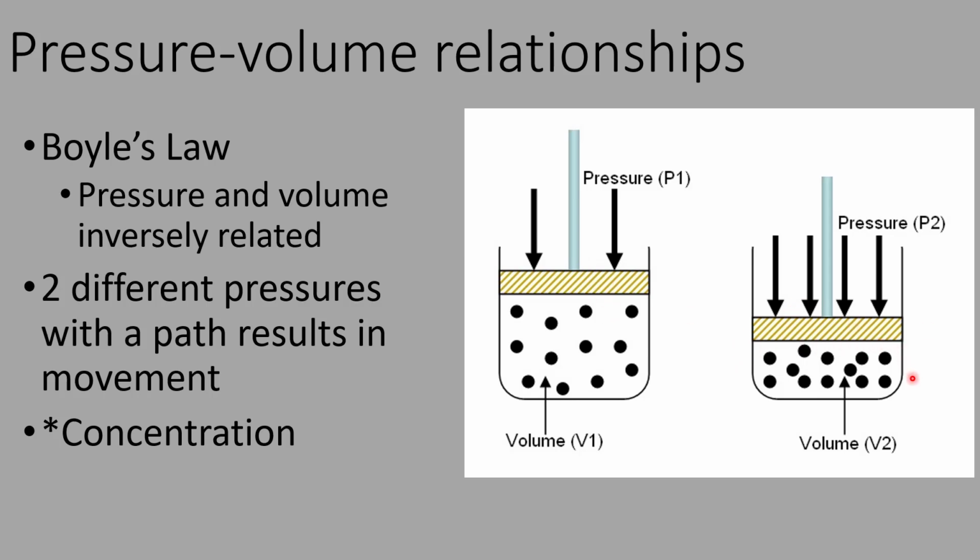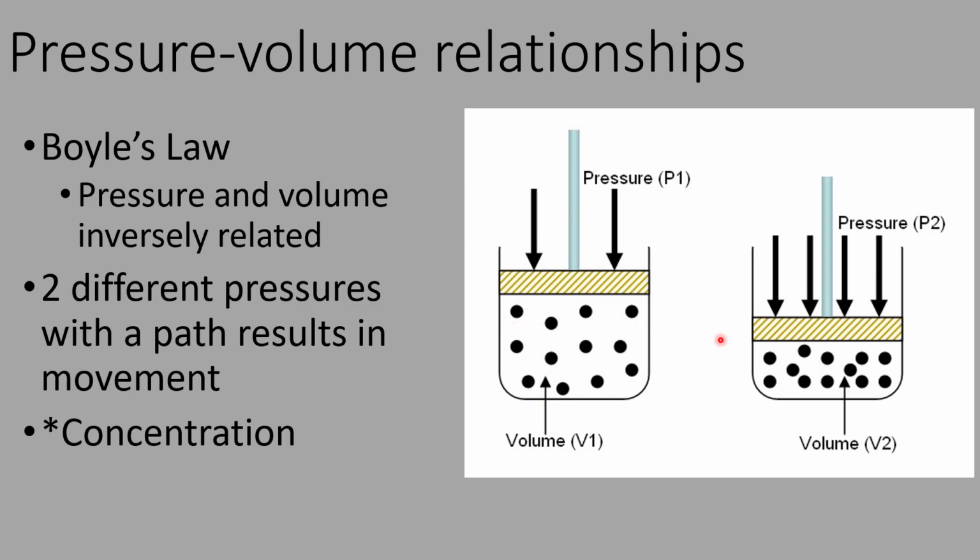What has happened to the volume? The volume has gotten smaller when we pushed the top down. And as we push the top down and the volume gets smaller, this gas inside is pressed more tightly together. It is under greater pressure. Over here in part 1, we have a large volume and a small pressure.